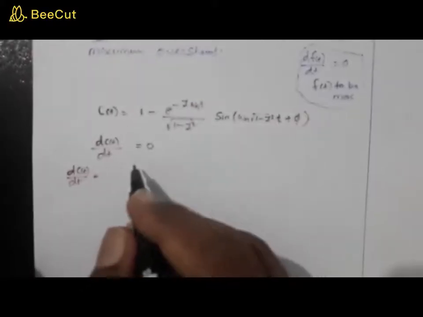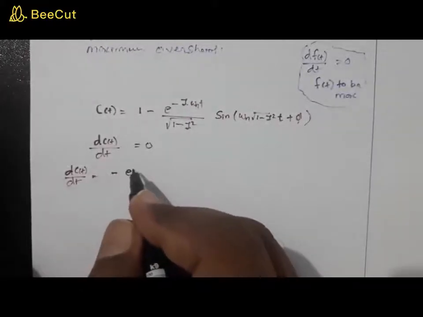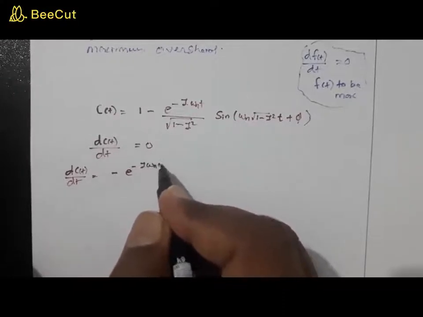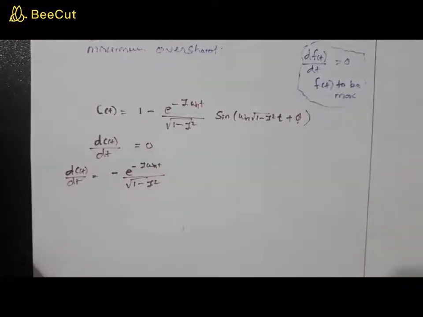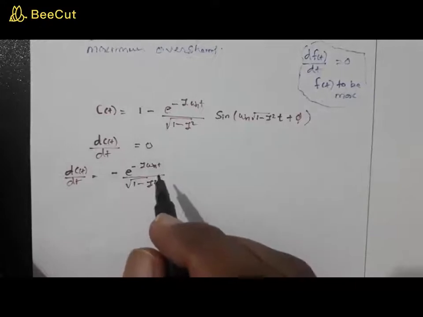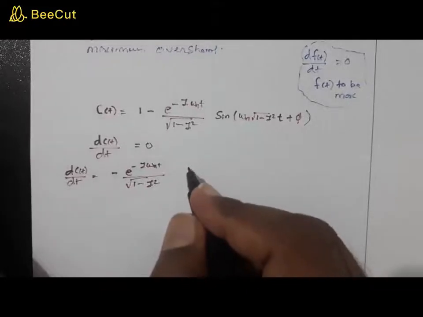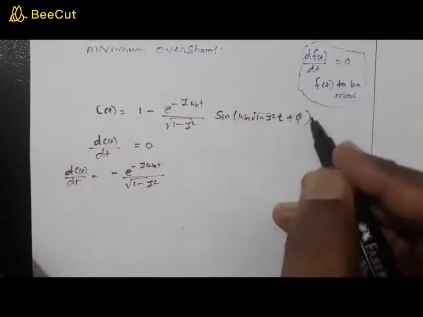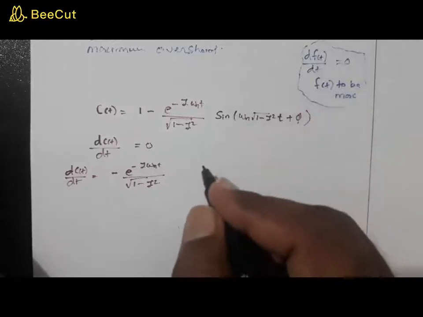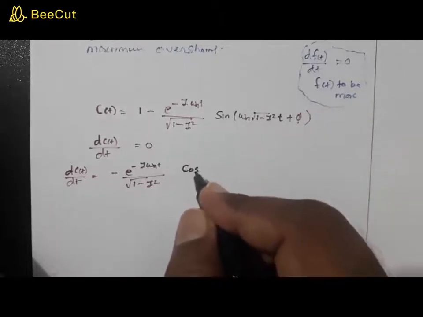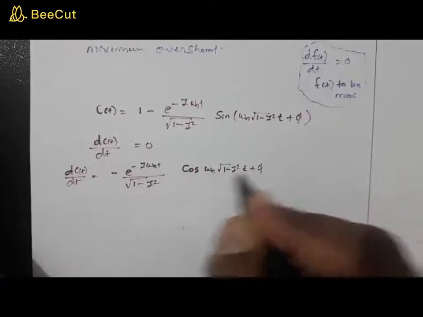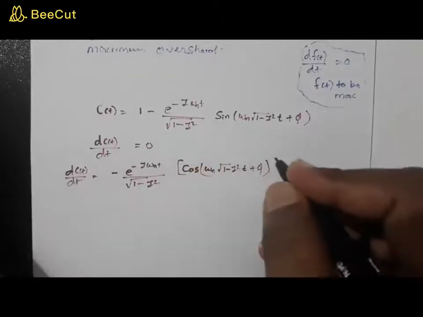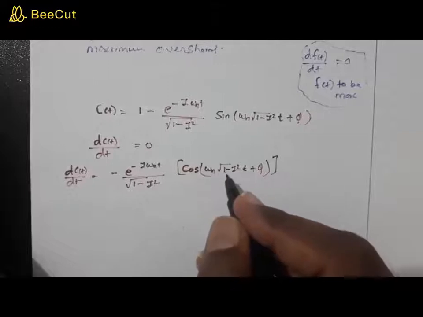Applying the product rule, you will get minus e raised to minus zeta omega n t divided by root of 1 minus zeta squared, into, when you differentiate the sine, cos of omega n root of 1 minus zeta squared t plus phi.